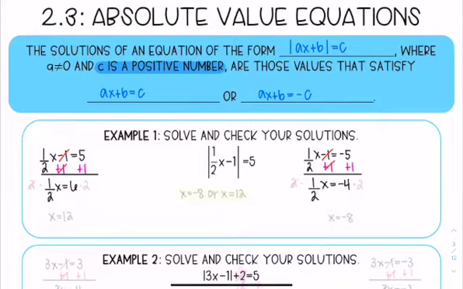And so the next thing that we want to do is we want to get rid of that 1/2. And so what we're going to do is we're going to multiply both sides by the LCD, which in both cases is 2. And so we can do that with both equations because they both have that 1/2.